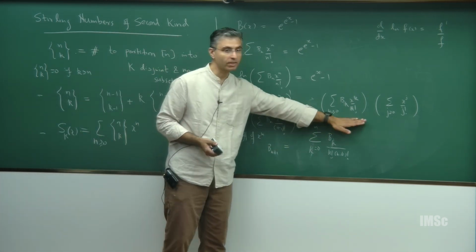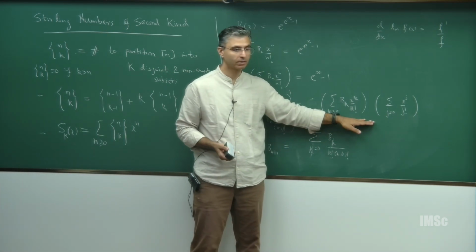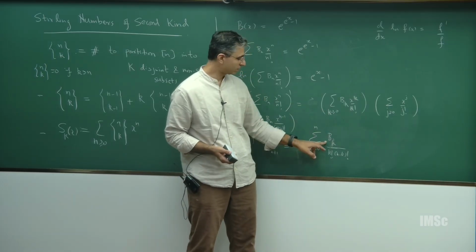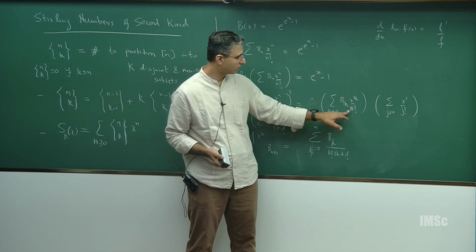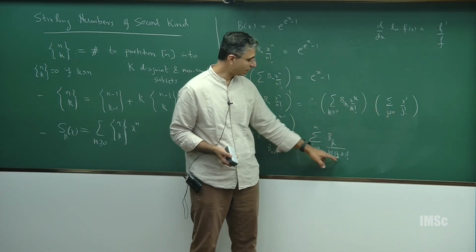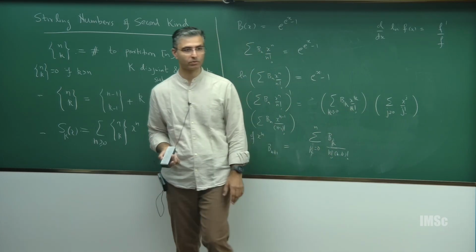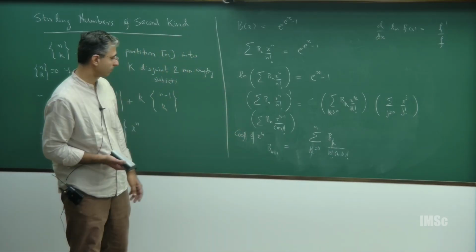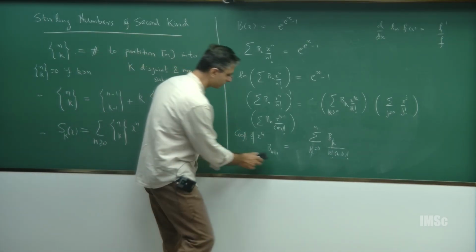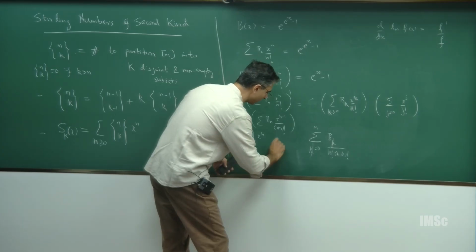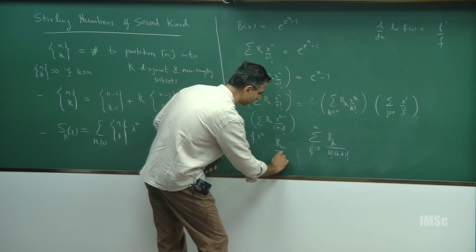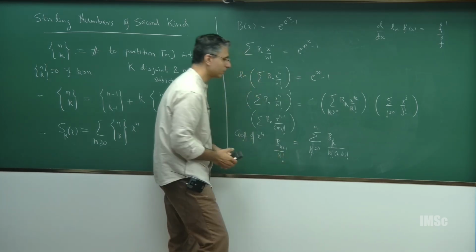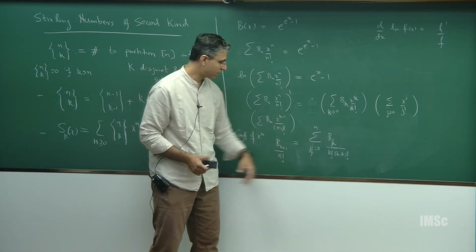The coefficient of x raised to n in this product is the sum of all such terms, where k plus j should be equal to n. I am just writing k and n minus k. That is what we have done. Sorry, it is not bn plus 1, it is bn plus 1 upon n factorial.